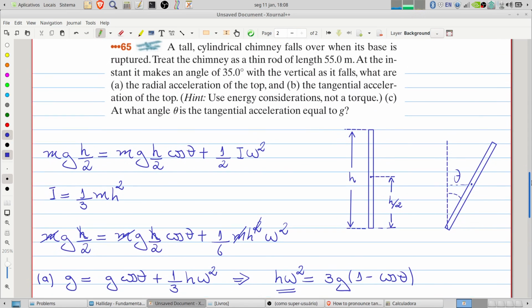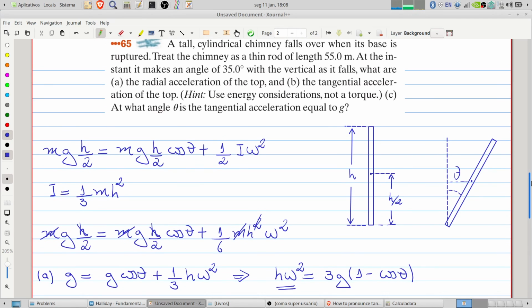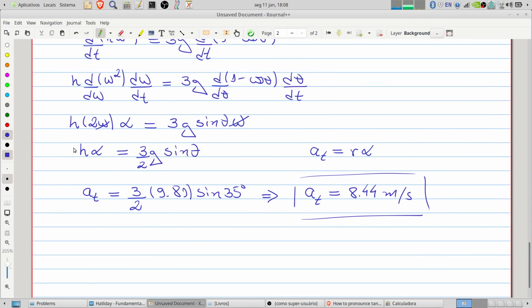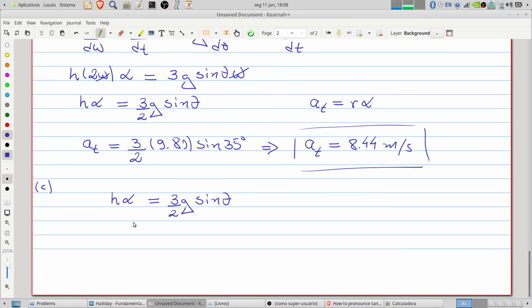C. At what angle theta is the tangential acceleration equal to g? Very simple. Here we have the tangential acceleration. This term is the tangential acceleration. So item C, we want the tangential acceleration here to equal g. So we can cancel here, and we'll have sine of theta equals 2 divided by 3.